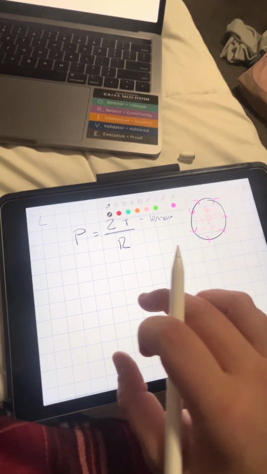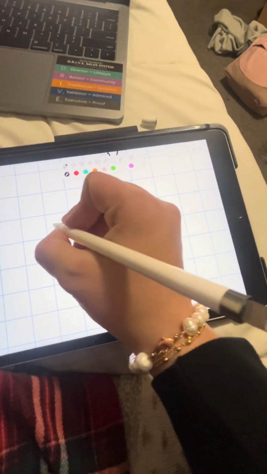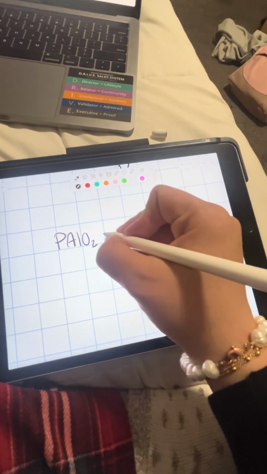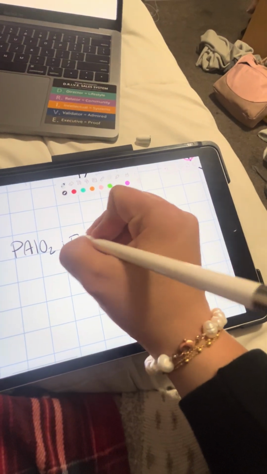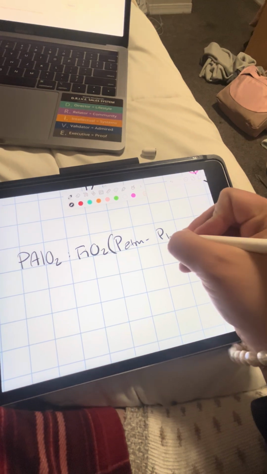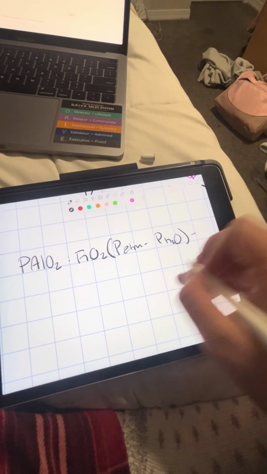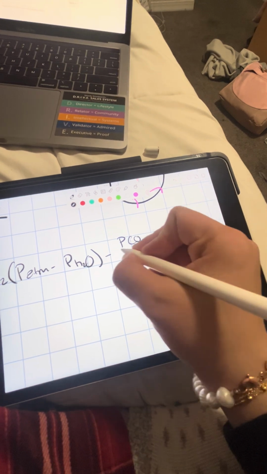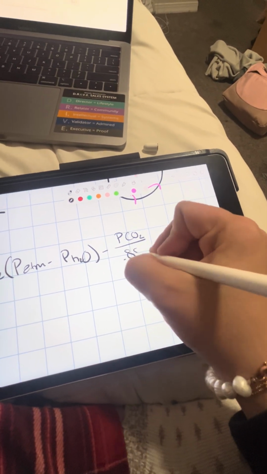For the alveolar gas equation, your P alveolar is equal to your FiO2 times the pressure of your atmosphere minus your water, minus your PCO2 over 0.85.